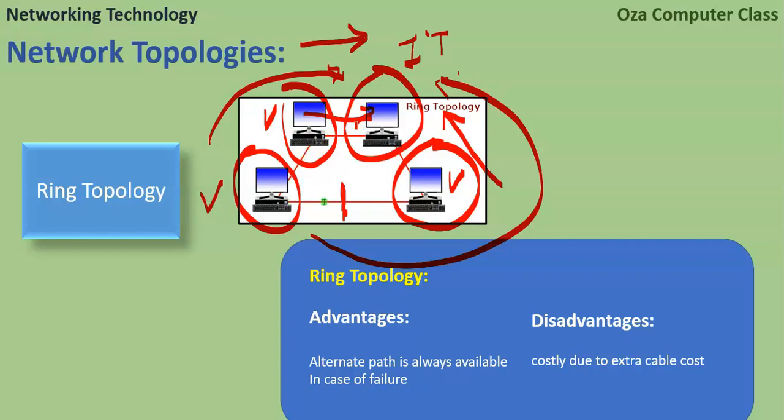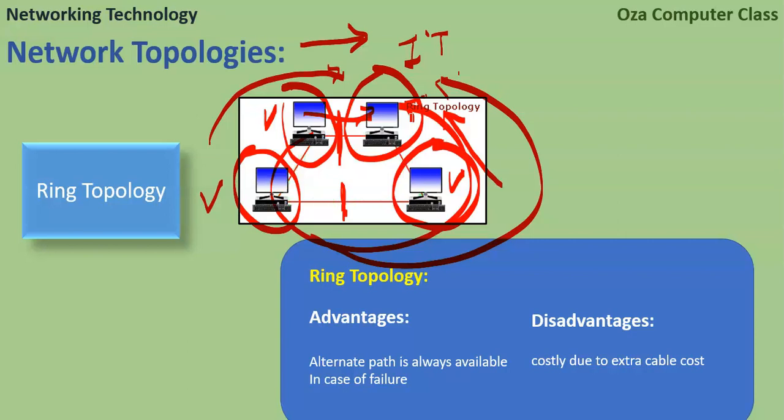But in case there is a cable cut here, then they can send data through this path also. So there is always an alternate path available for sending data, which doesn't cause network failure, right? That is the biggest advantage of ring topology.